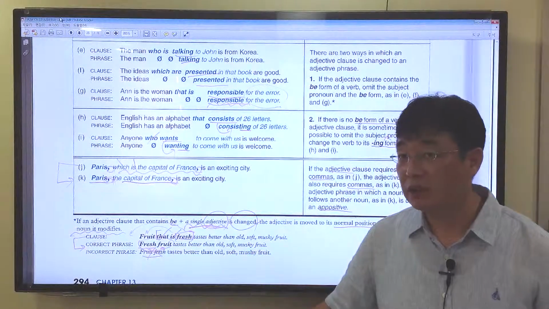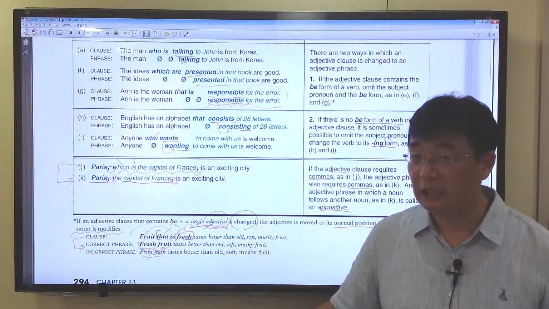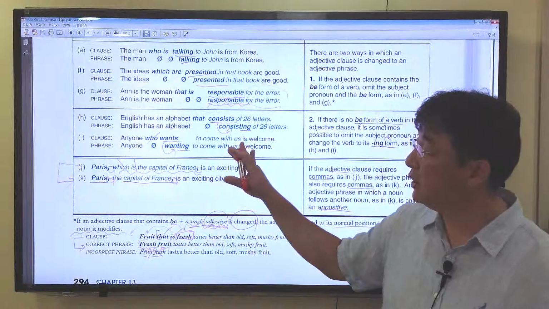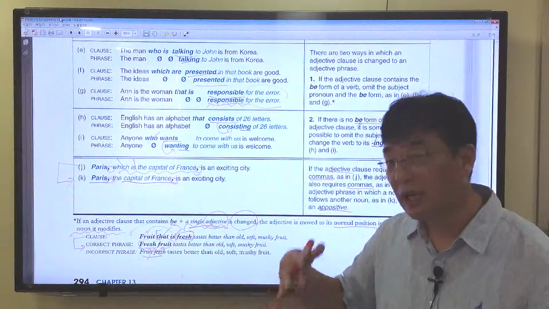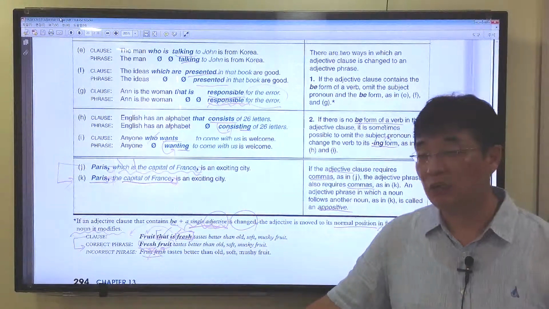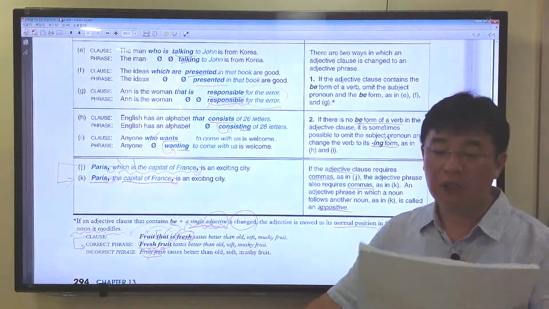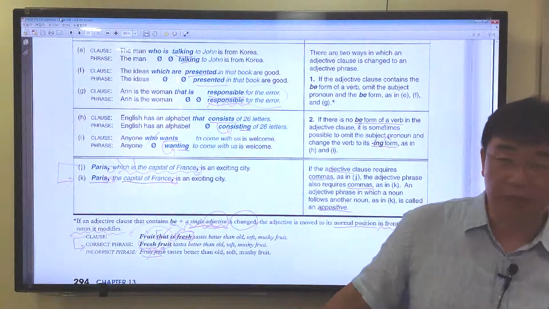So adverb clauses can also be converted into adverbial phrases. So this can be a good practice for understanding the reduction of adverbial clauses into adverbial phrases. Okay, I'll see you again on covering chapter 18 on my next video clip.